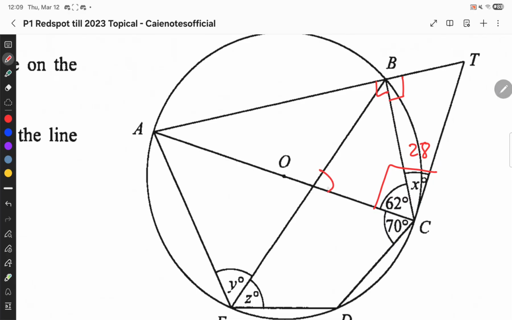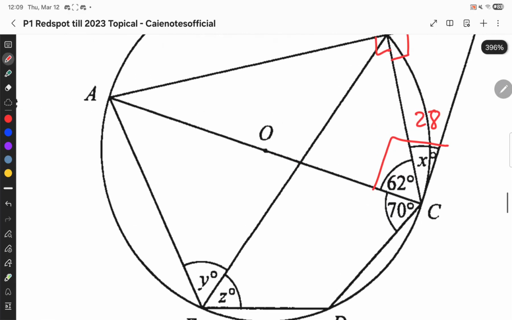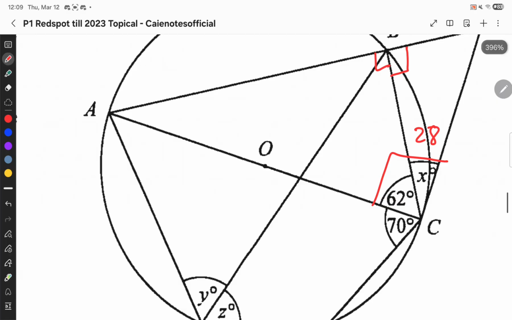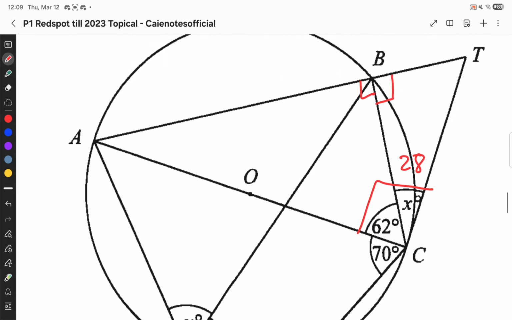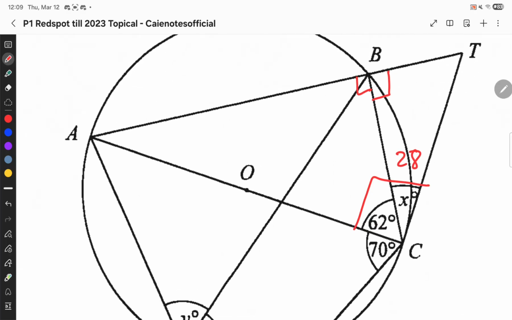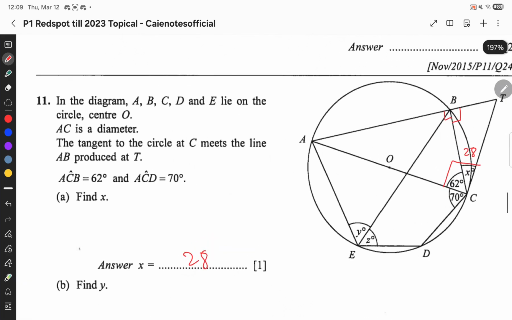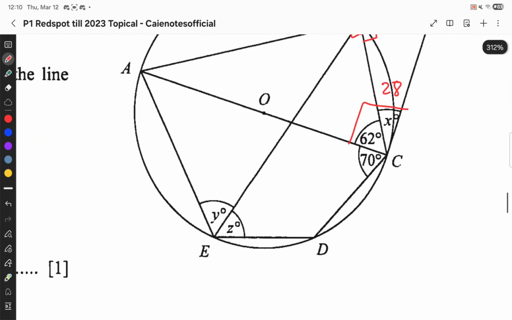Yeah, we can find this angle because, let's look at the question again. E lies on the circle. Okay. Yeah, we can identify a few things: that this is a cyclic quadrilateral.